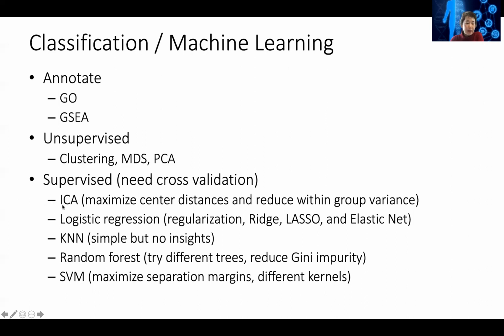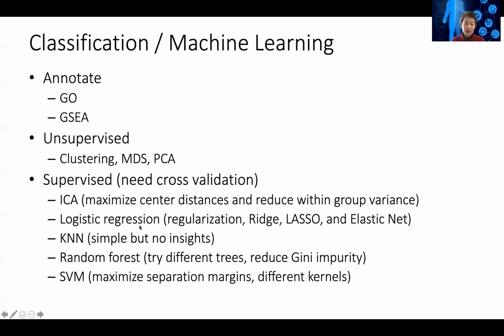The first is ICA. This also is a dimension reduction approach. And remember, we try to maximize the two class center distance and reduce the within group variance. It's not as much used in biology, actually.